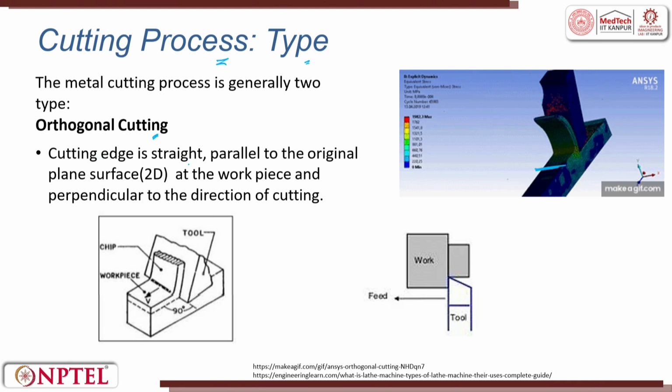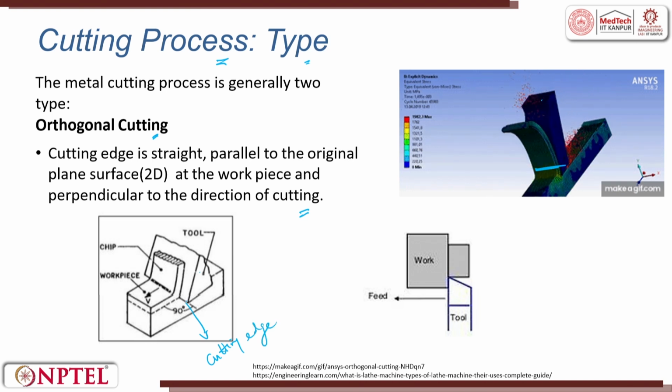So, the cutting edge is straight, parallel to the original plane surface of the workpiece and perpendicular to the direction of cut. That is orthogonal cutting. This is called the cutting edge. This is the tool cutting edge. It is at 90 degrees to the workpiece.